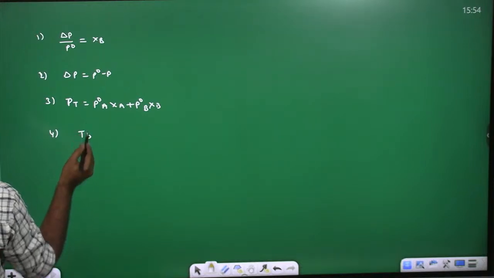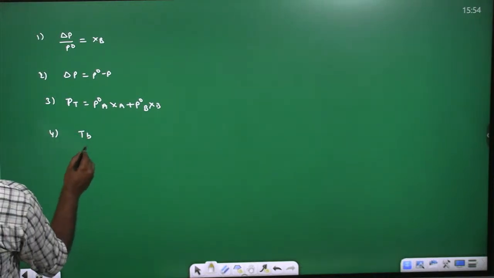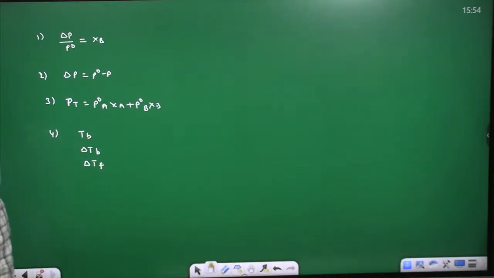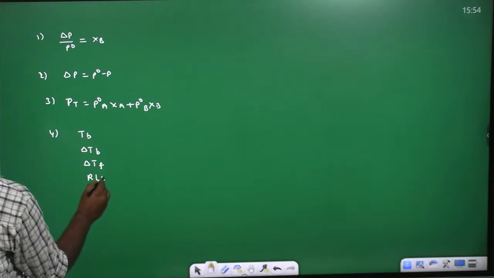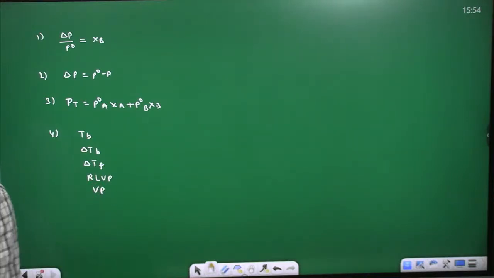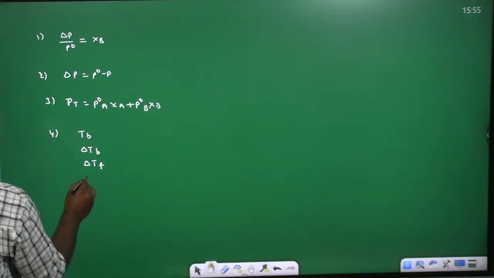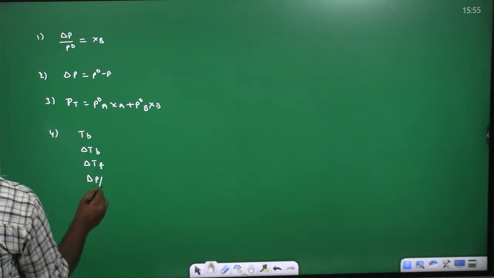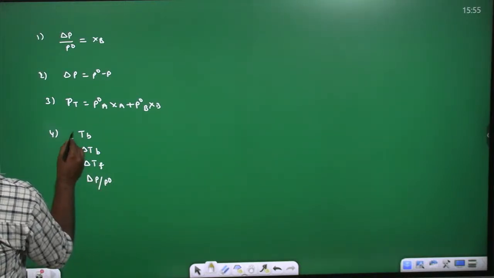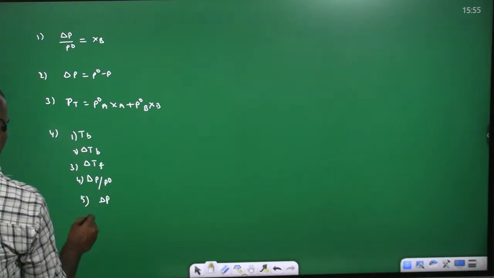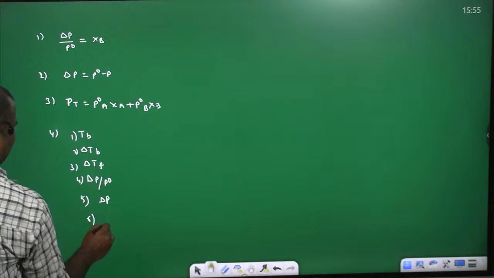Elevation in boiling point delta TB, depression in freezing point delta TF, RLVP relative lowering of vapor pressure. You can remember like this. RLVP means delta P by P naught. 1, 2, 3, 4, 5 delta P. Even sixth one, that is osmotic pressure.